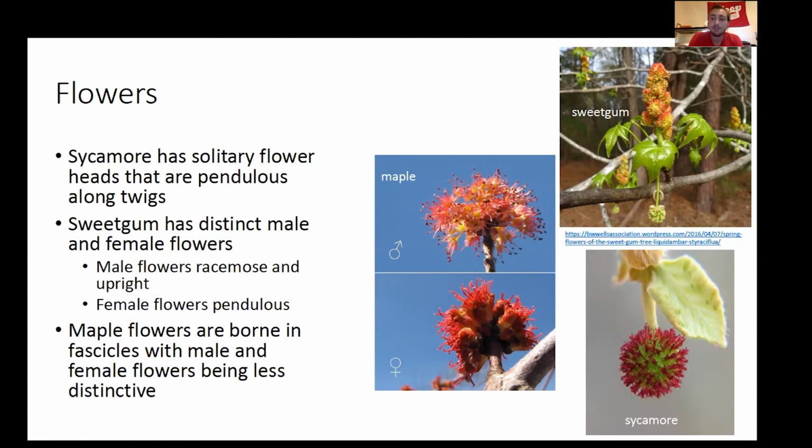Maples also have male and female flowers, a little bit less distinctive. Here in our male flowers, you can see these stamens all on the edge, and that is a feature that is only on male flowers. Our female flowers are lacking those stamens, so that shows us that these are the female ones. But they're born in fascicles, which refers to a tight cluster. Fascicle is another term usually used for pine trees.